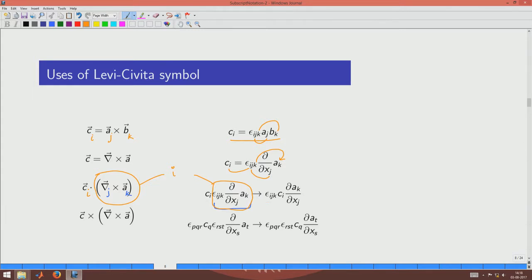So, that is why we bring it out, and then we can write it as epsilon I j k C I dou a k by dou x j. So, you can see that an expression like this can be written in this form.